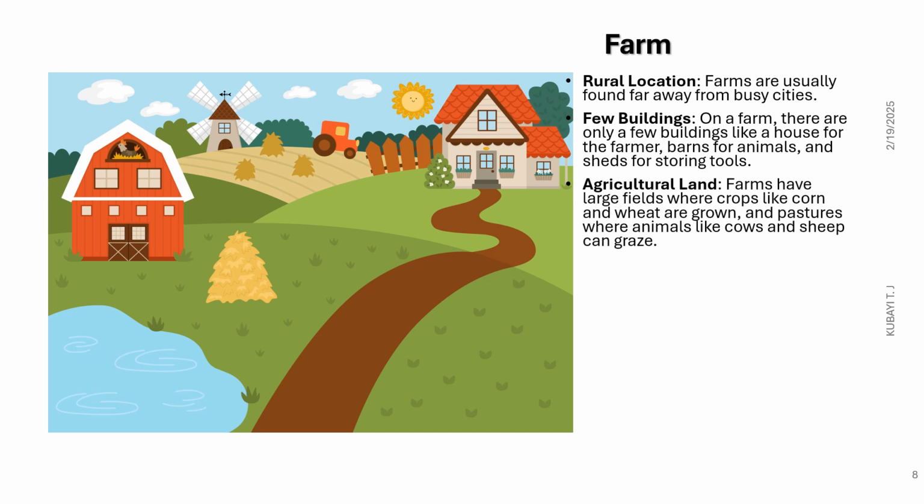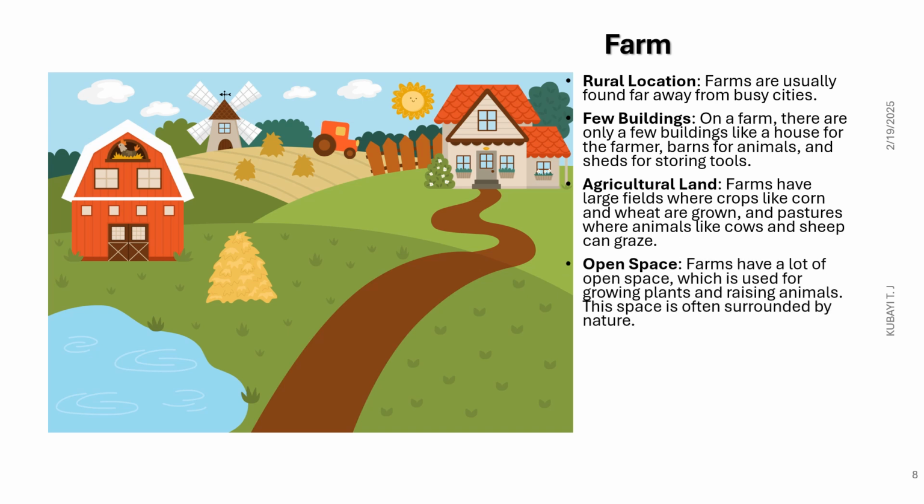Agricultural land. Farms have large fields where crops like corn and wheat are grown, and pastures where animals like cows and sheep can graze. There is an open space on a farm.